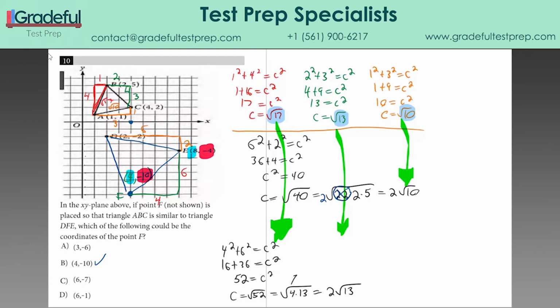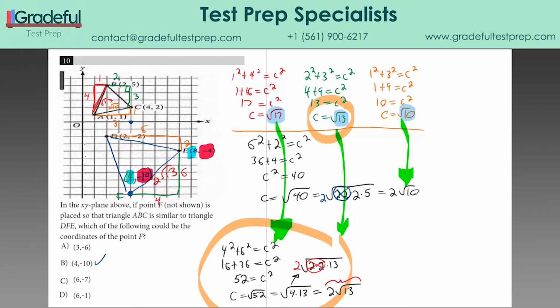Now, by the way, to keep consistency on the methods, what I just did in my head is I imagine that 4 is really 2 times 2. And because we're looking for groups of 2, if you cross that out and put it on the outside, you get 2 root 13. So that distance is a distance of 2 times the square root of 13. And so that matched up with this length.